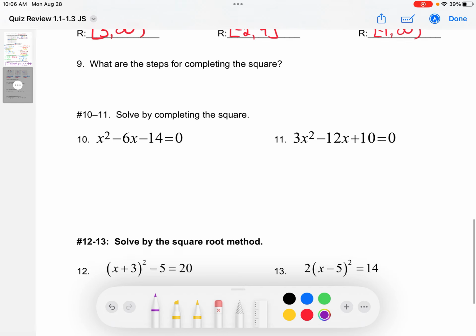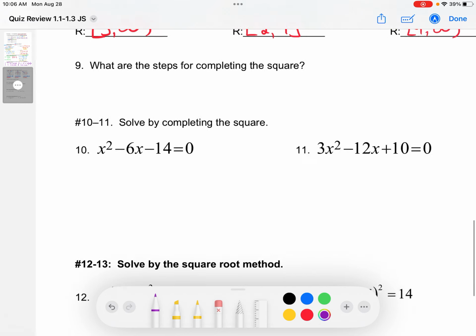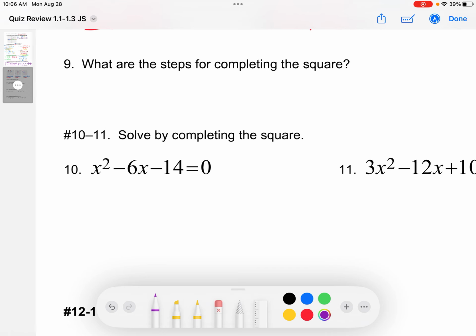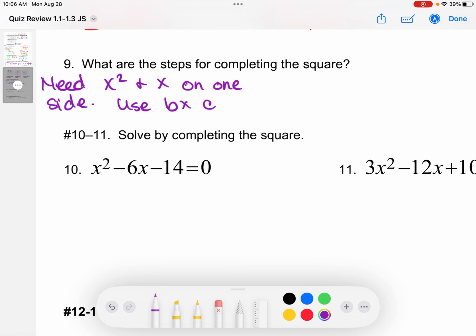On 9, we're looking at the steps for completing the square. Okay, so we need x² and x on one side. And then we use the bx coefficient, whatever the coefficient of x is.